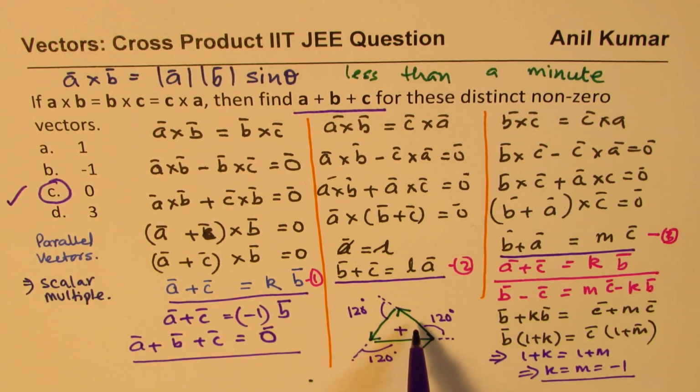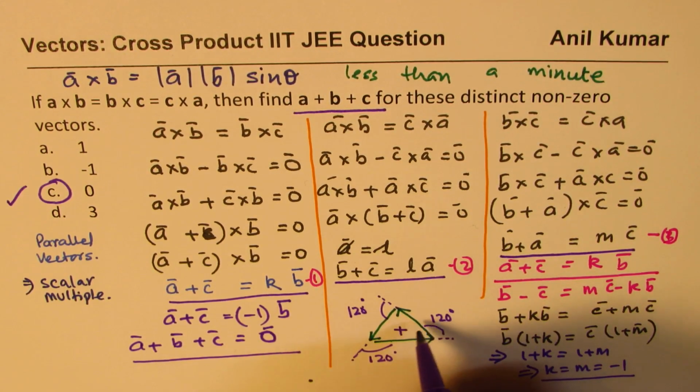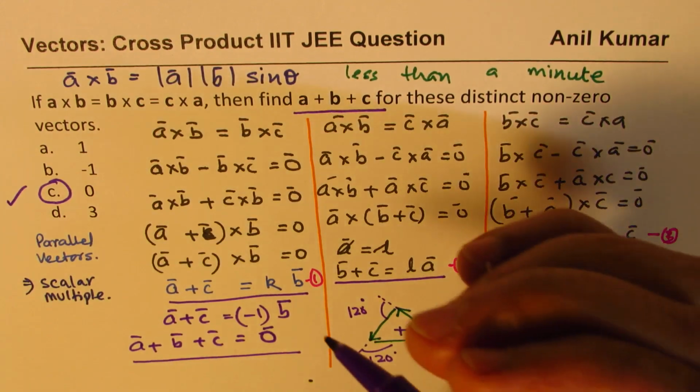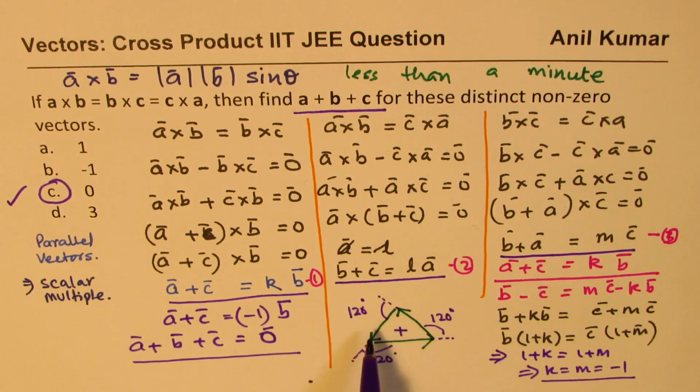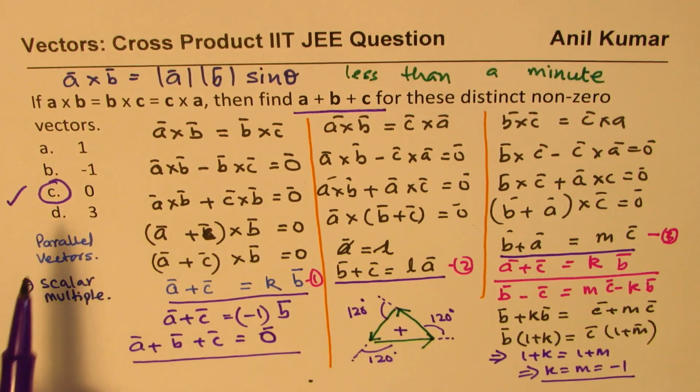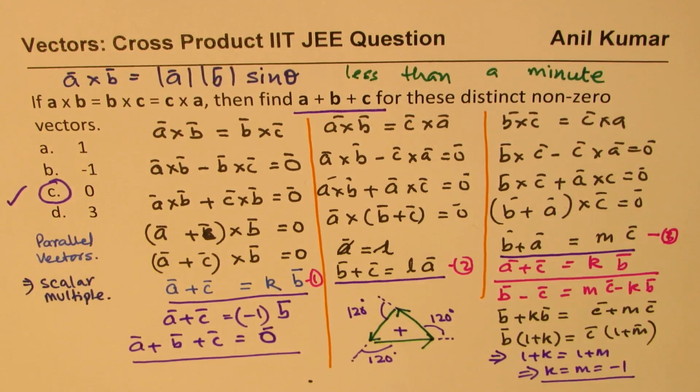And when you do a cross product, since it is going in the direction shown like this, they are all pointing upwards, coming up, normal to this page, and their magnitudes will be the same. Correct? So you could think about this to quickly answer this question. So that is one way. But if it is an open response question, then you may have to show all the work which we did here. So I hope that makes sense.